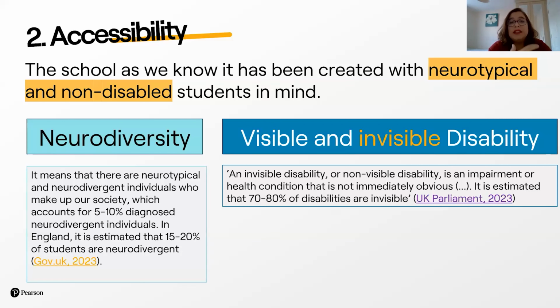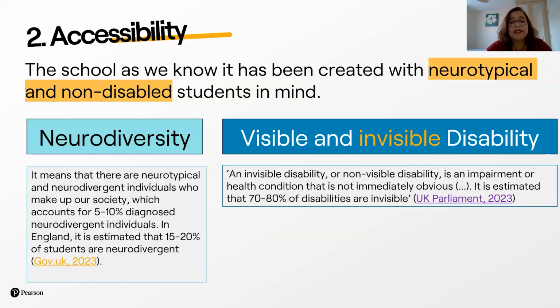However, the disabilities that we as teachers may not have information about, or that are not documented in our schools, are invisible disabilities. An invisible or non-visible disability is an impairment or health condition that is not immediately obvious.